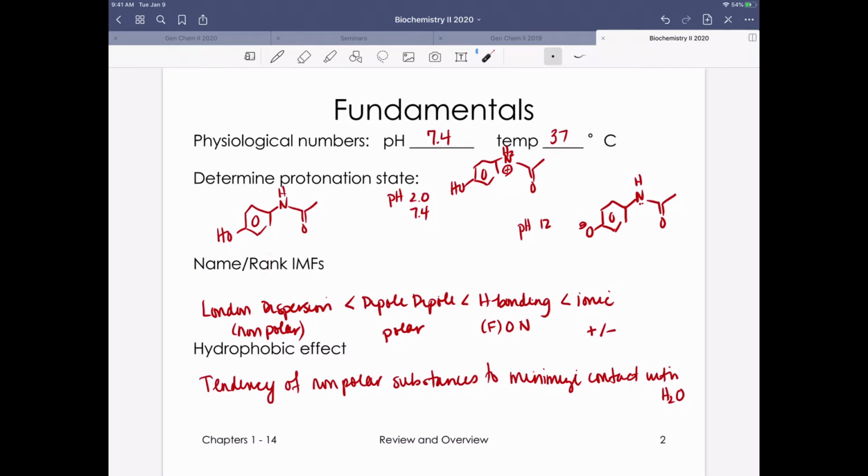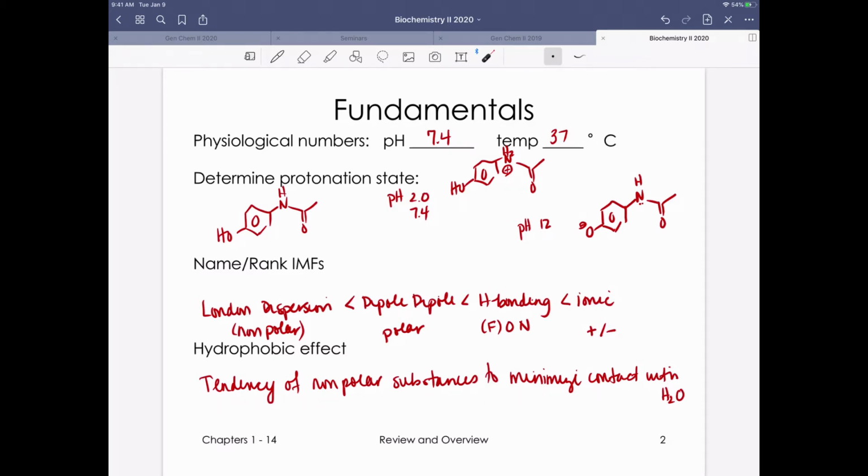Thinking about the intermolecular forces we have, remember we had that hierarchy of 4 intermolecular forces. So nonpolar interactions, London dispersion forces, dipole-dipole interactions, hydrogen bonding, and then ionic interactions. So being able to identify those, not only by name, but thinking about functional groups that might participate.